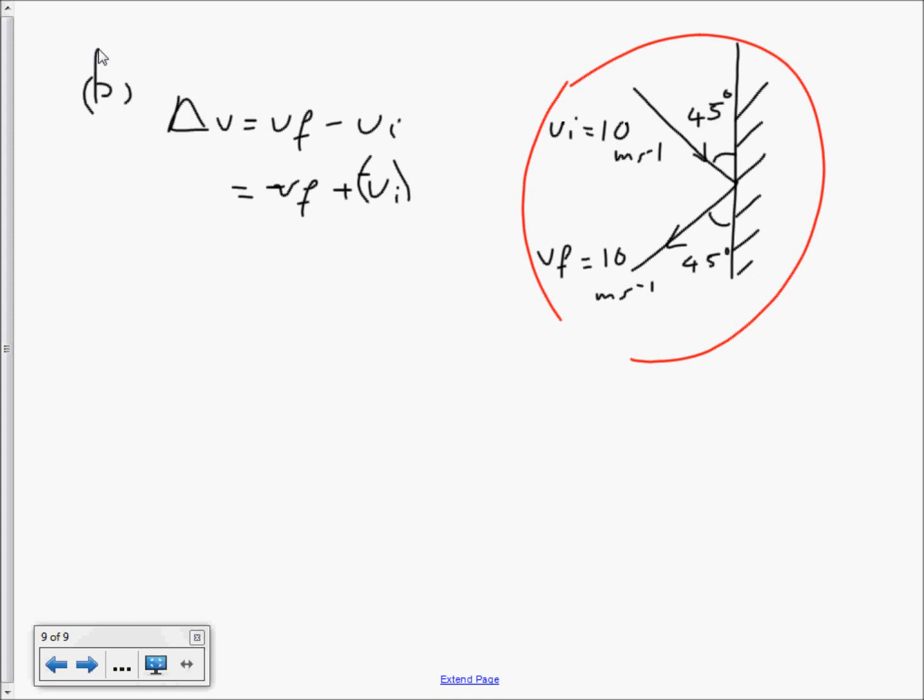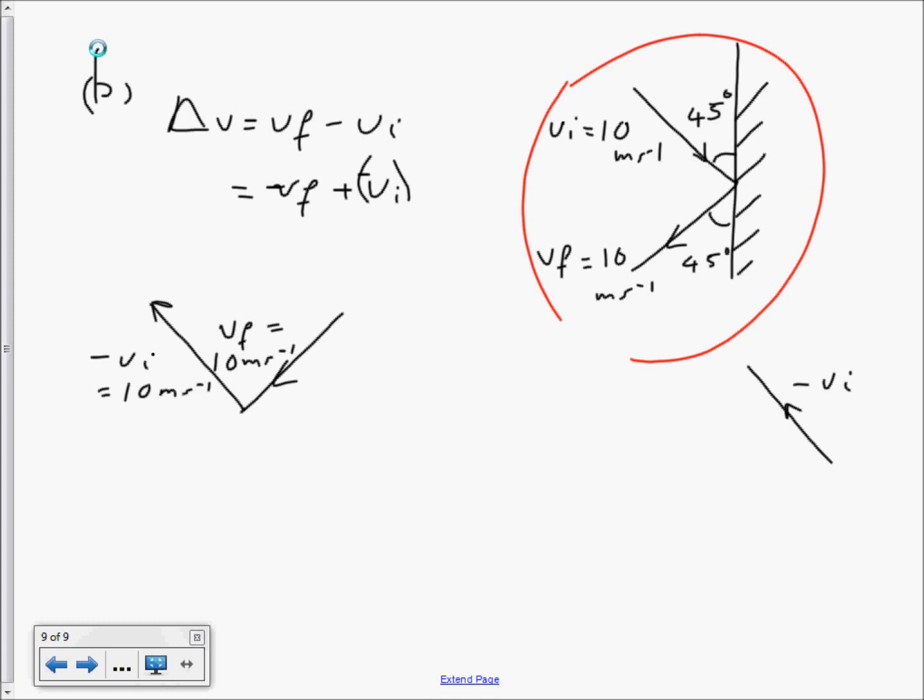Okay, so we take V final, we draw it there, 10 meters per second. We take V initial up there. If we turn V initial around, V initial would be that, negative V initial. So it comes up here, negative V initial.